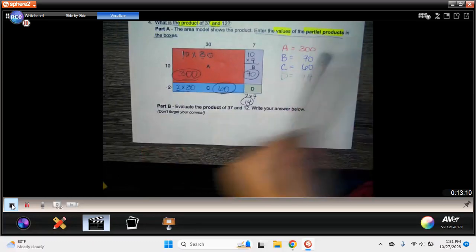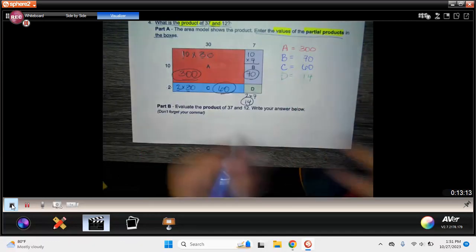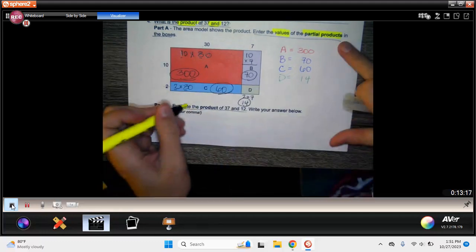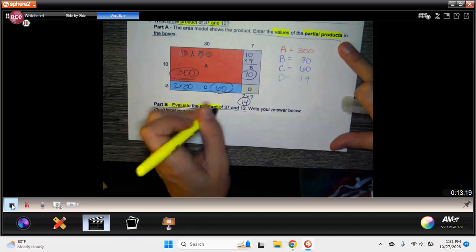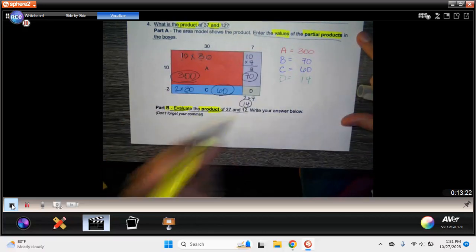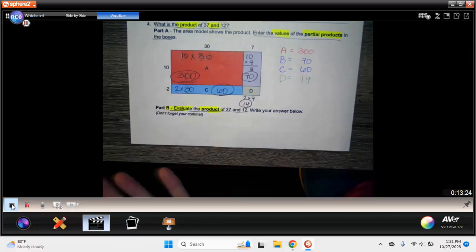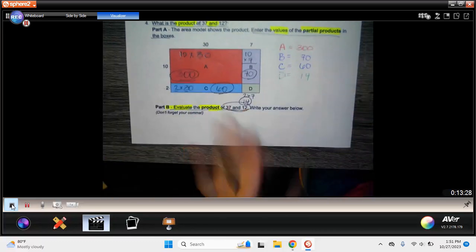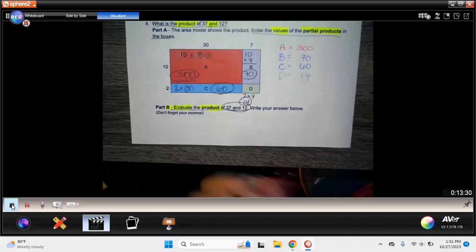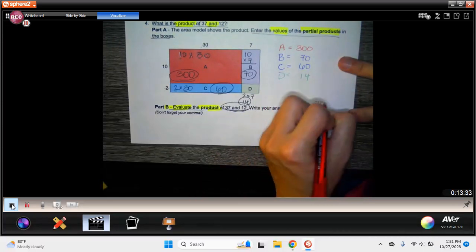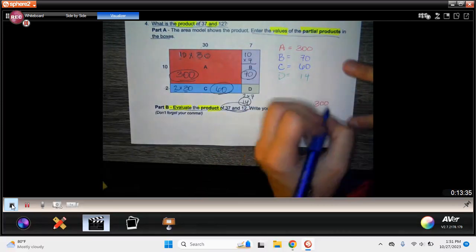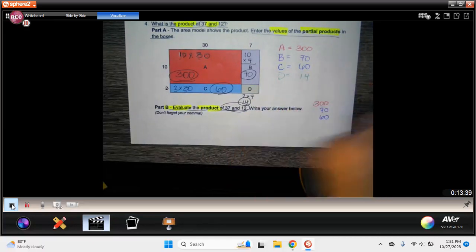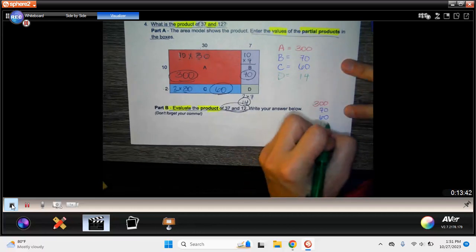Now it tells you to evaluate the product, which is very confusing when they say the word evaluate, because what they're asking you to do here is to actually get the full answer by taking all of the partial products and adding them up. So I have 300 plus 70 plus 60 plus 14.